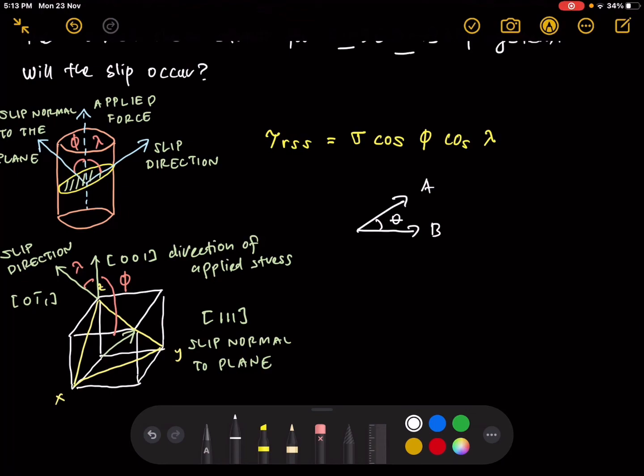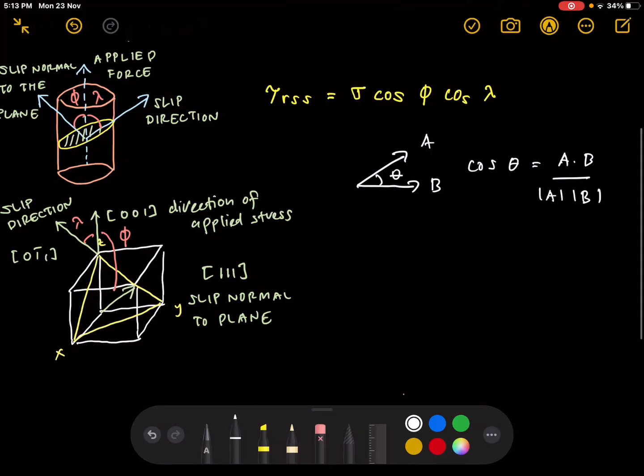And we know that cos theta is the dot product of A and B divided by the length of A times the length of B. Okay, so now we have a slip direction, a slip plane, and a loading direction.